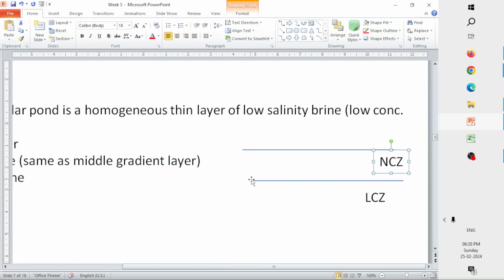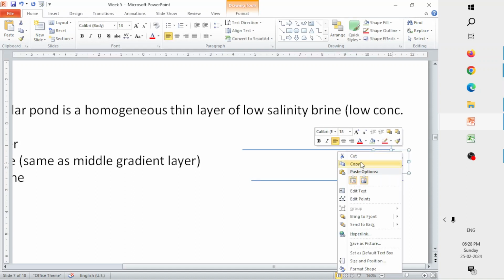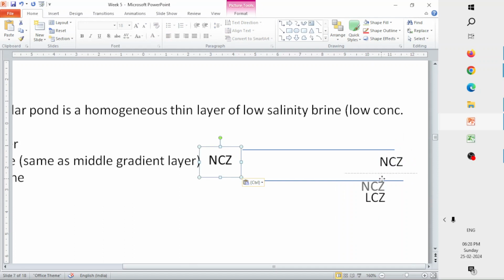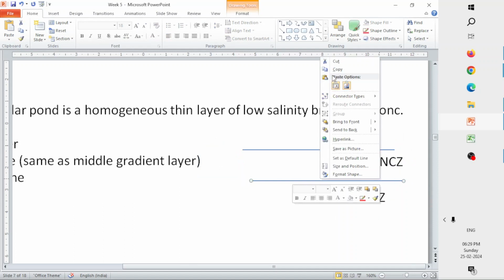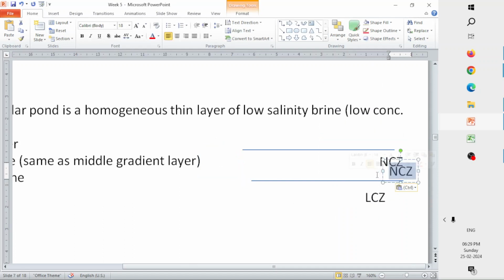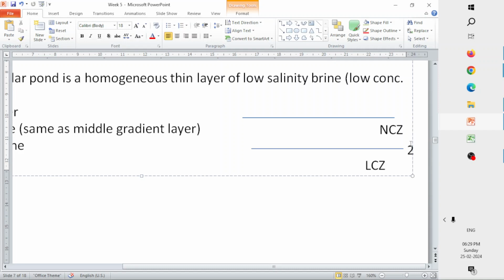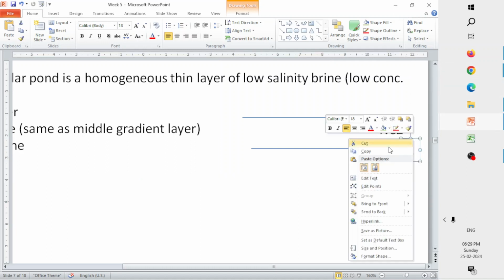Here is line number 2. At this point 2, the concentration of the salt at the last layer of the NCZ will be more compared to point 1, that is line 1.